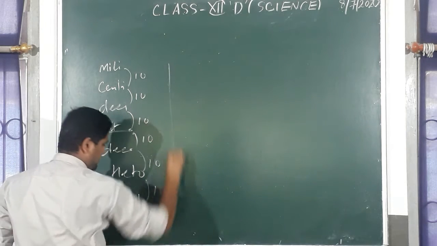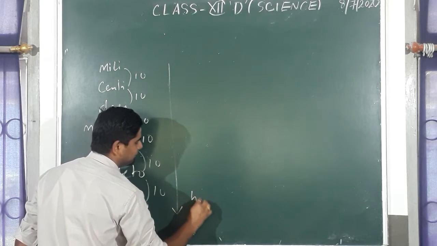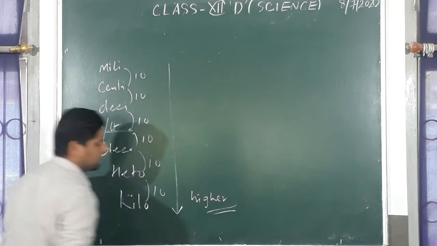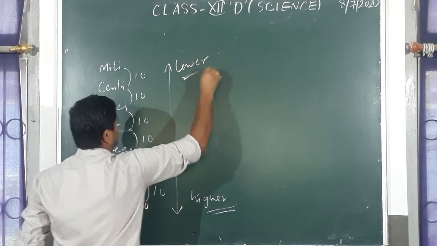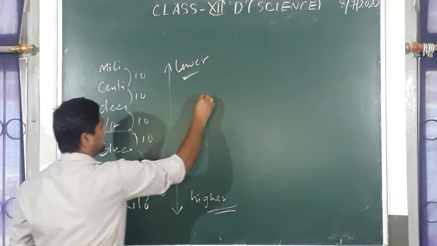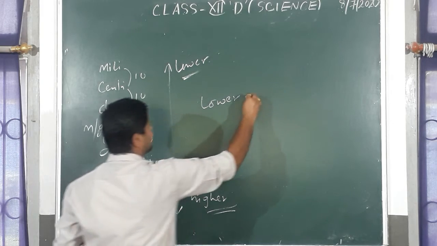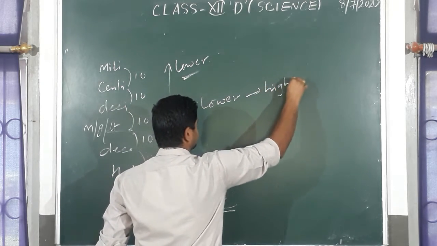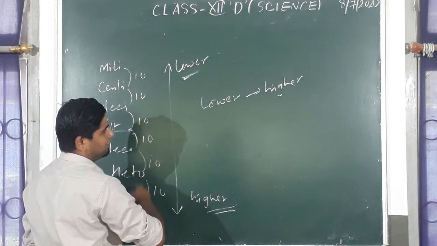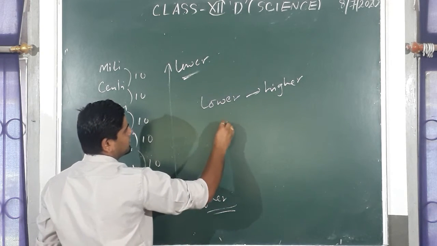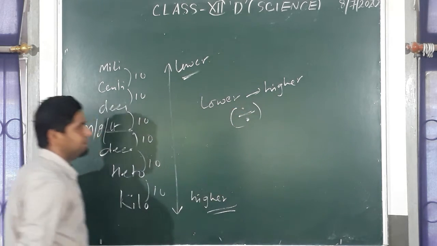So these are lower values, and moving down the group the value gets higher. A simple trick: if you are converting a lower value to a higher value, as we have done in this example, you have to divide.